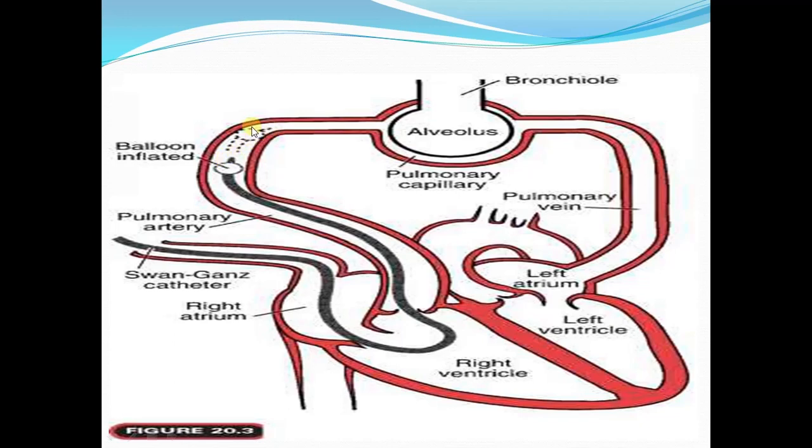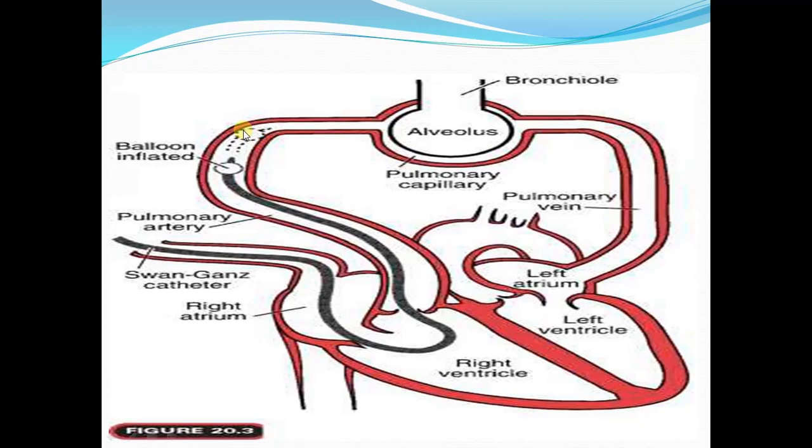Again, I am repeating, in pulmonary wedge pressure measurement, a catheter is introduced through a peripheral vein to the right side of the heart, and through the right side of the heart it is advanced into the pulmonary arteries, and as it advances it enters the small branches, and it is pushed forward until it wedges, it blocks a small branch of the pulmonary artery.